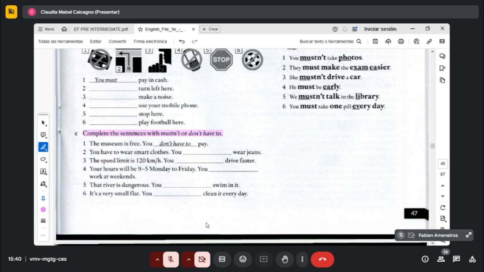Your hours will be 9-5 Monday to Friday. You don't have to work at weekends. Okay, and Kari, 5 and 6. 5. That river is dangerous. You mustn't swim in it. 6. It's a very small flat. You don't have to clean it every day.